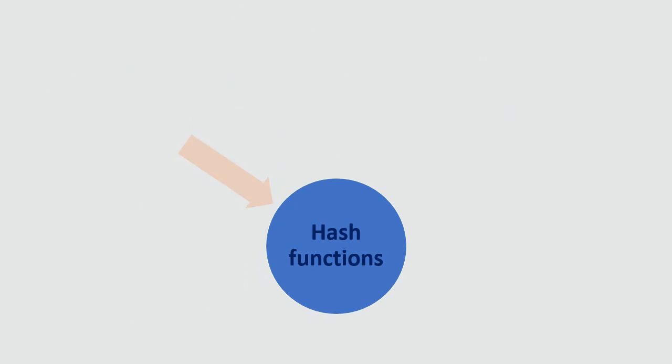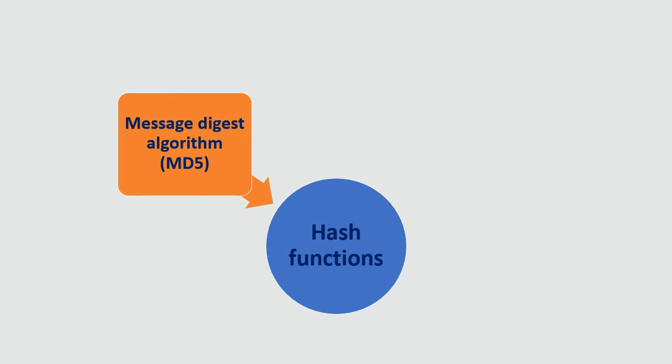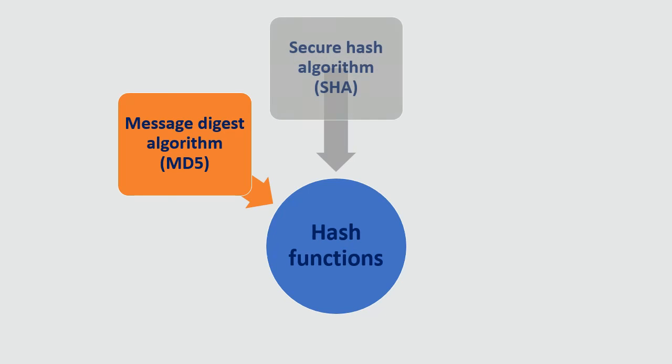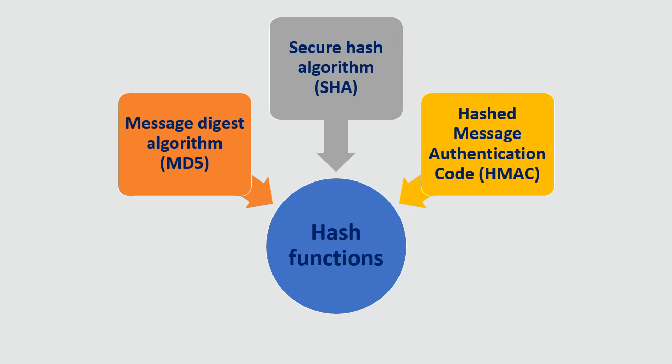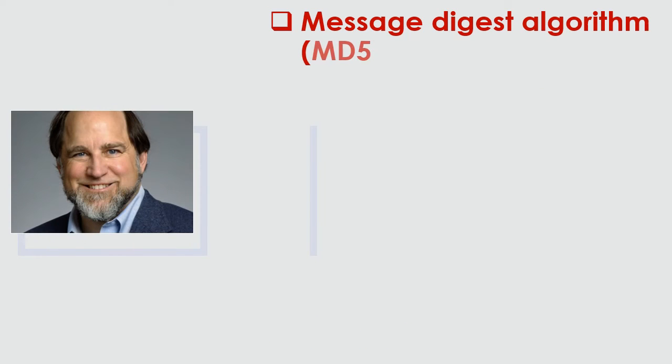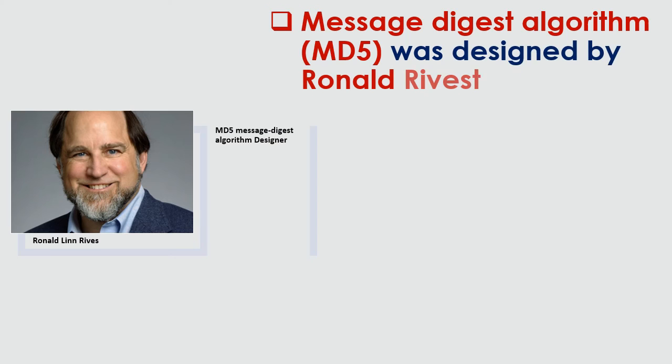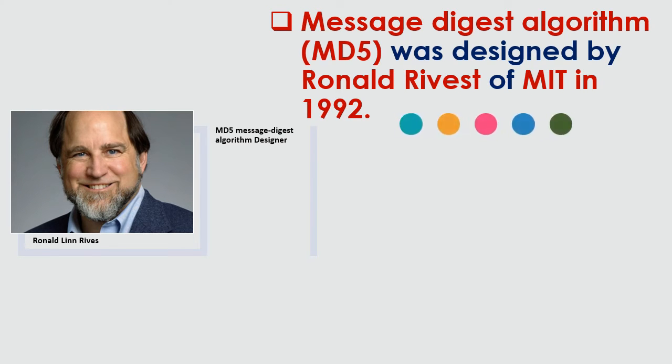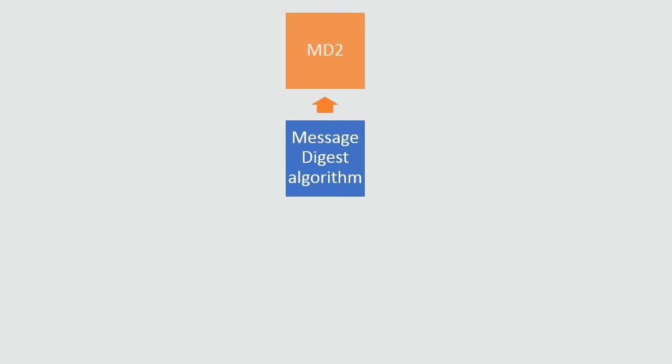Common hash functions are message digest algorithm, MD5, secure hash algorithm, SHA, and hashed message authentication code, HMAC. Message digest algorithm, MD5, was designed by Ronald Rivest of MIT in 1992. Common message digest algorithm series are MD2, MD4, MD5 and MD6.